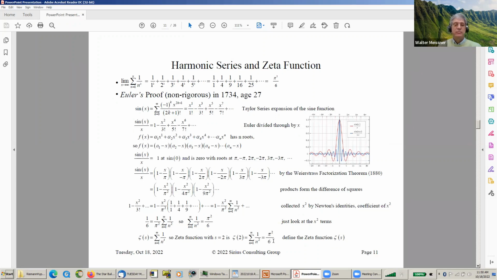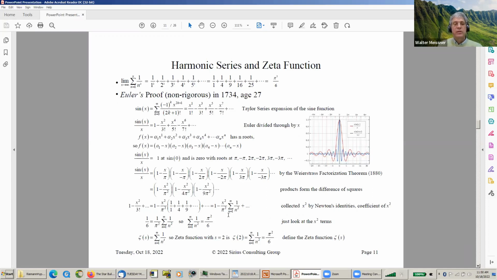So this was an amazing result, and it propelled him into mathematical stardom. Now, Euler later proved this more rigorously with Fourier analysis a century before Fourier, and this proof can be made more rigorous with the Weierstrass-Hadamard factorization theorem for entire functions. And other people have provided other proofs.